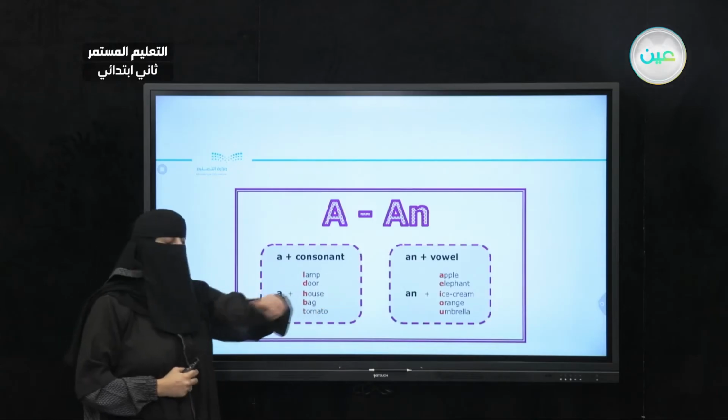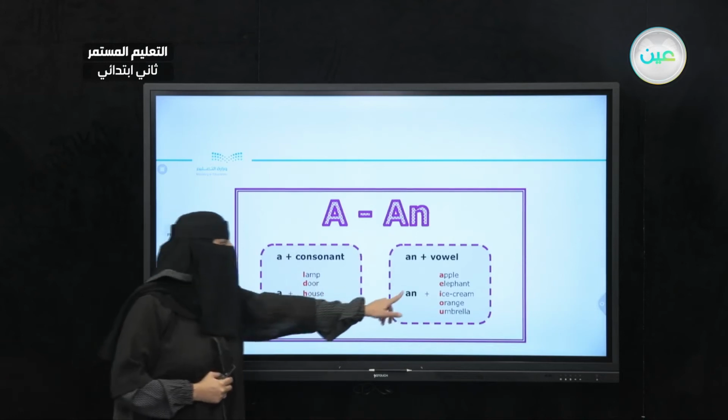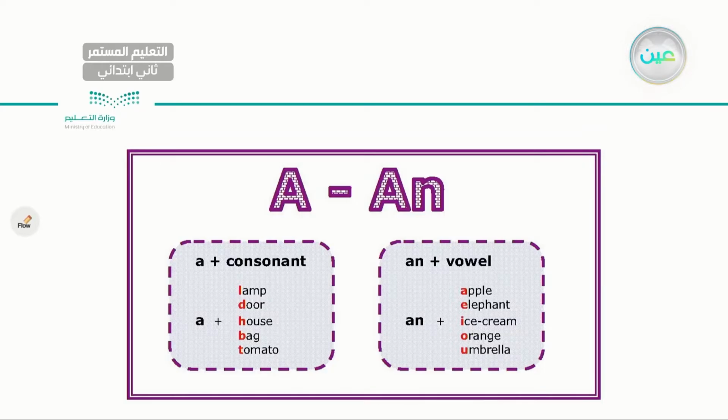A is a vowel, E is a vowel, I is a vowel, O is a vowel, U is a vowel. Let me help you. I'm trying to keep it simple so you can remember all the vowels. Let's draw a face. That's an O. And then we will have E, we will have A, I will have I, and U.